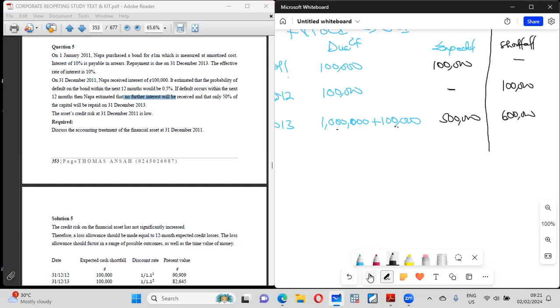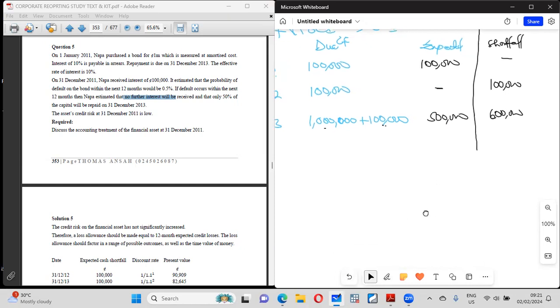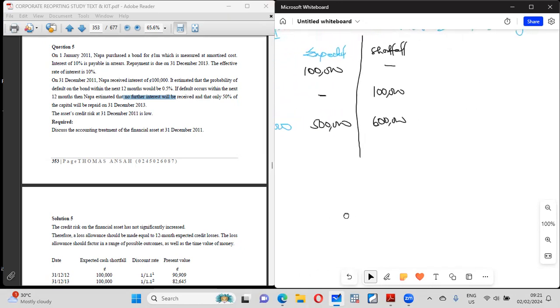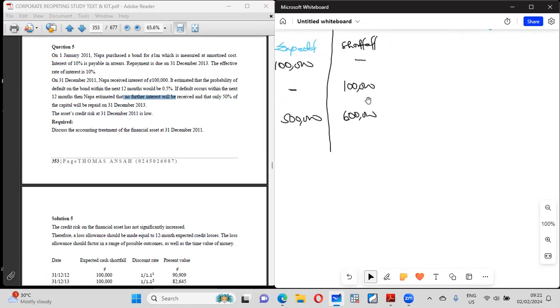Now we are going to discount this using the years. Like you see, this one was already received. If you are discounting this, it will be 1 over 1 plus r raised to the power 1.